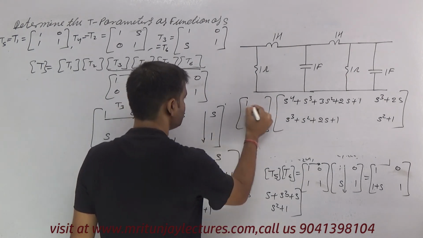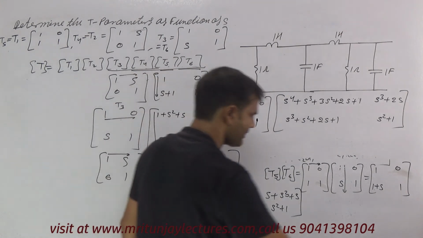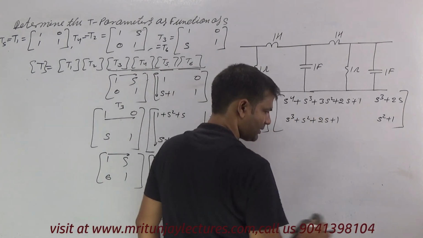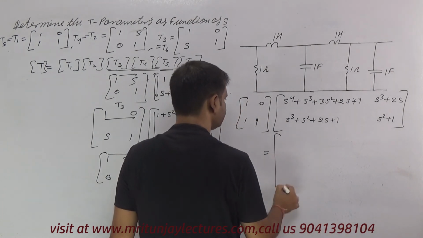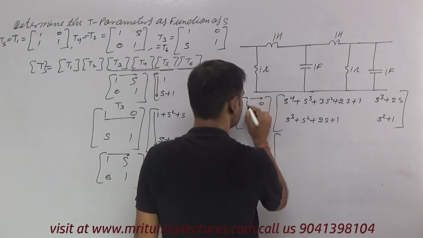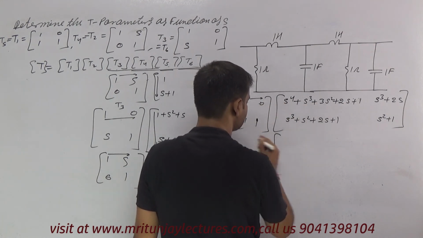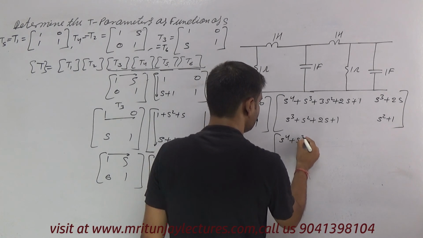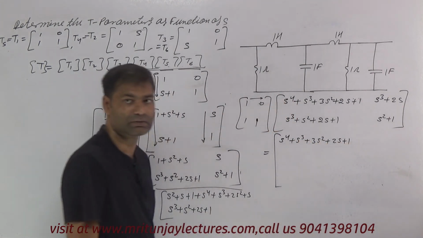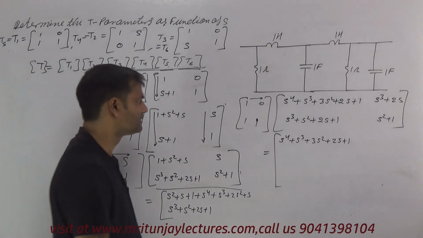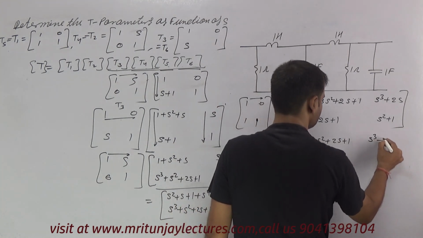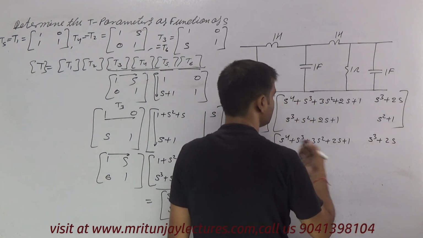And the last one, T1, that is 1, 0, 1, 1. So finally 1 into something and 0 into something. So finally S to the power 4, S cube plus 3S square plus 2S plus 1. After that, this one is the multiplication of S cube plus 2S and 0.